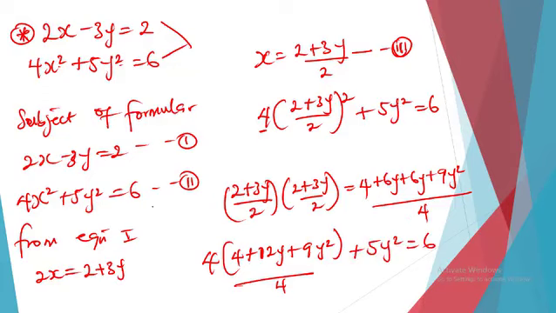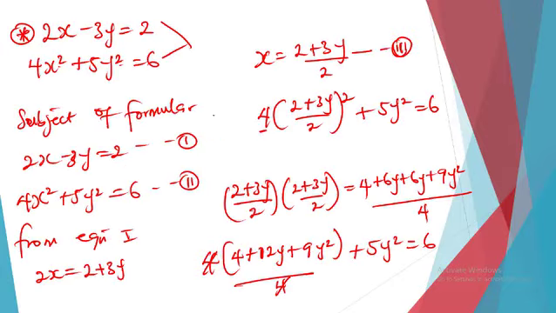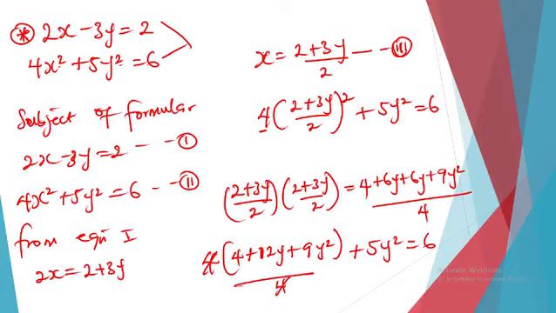Okay, no. So looking at this, you agree with me that this 4 can comfortably eliminate this 4, right? So therefore we have the remaining here. Let's go over to the next page. We have 4 plus 12y plus 9y squared plus 5y squared equal to 6.